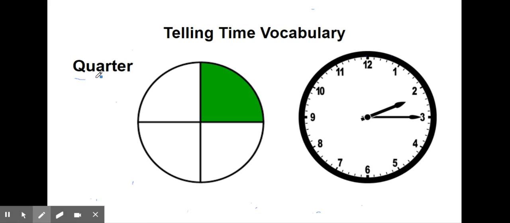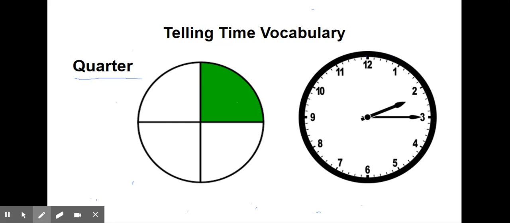Everybody say quarter. We've talked about that word when it comes to money. A quarter is a coin that is worth 25 cents. But a quarter also has other meanings. In this circle, you can see that it's split into 1, 2, 3, 4 sections. One of the sections is green.